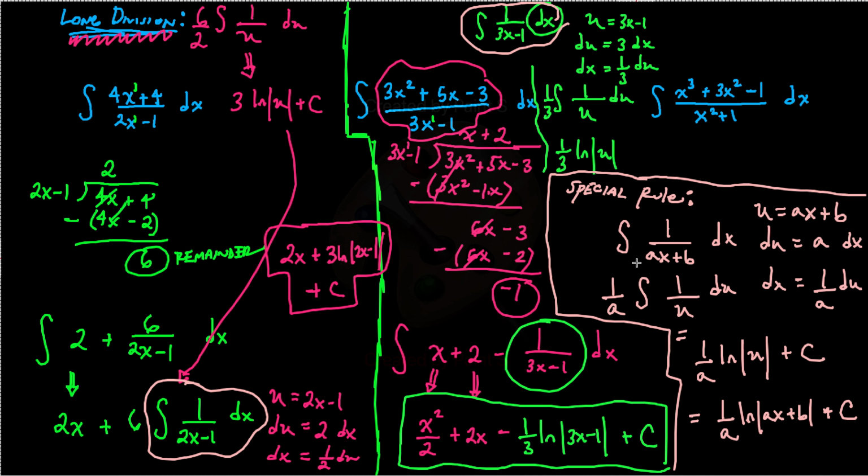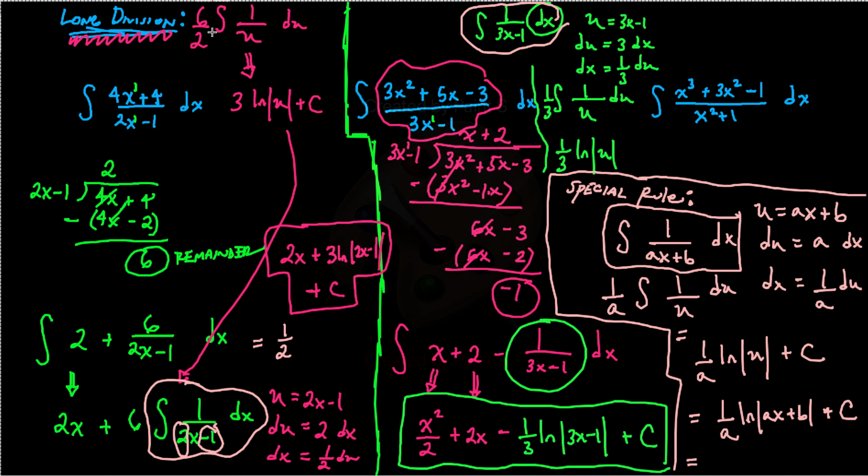So now, if I have any antiderivative of this form, what takes the role of a in this first case? Well, a takes the role of 2. And what takes the role of b? -1. So what did I get? In this case, using this, I get 1 over 2. Oh, here's my 1 over 2.